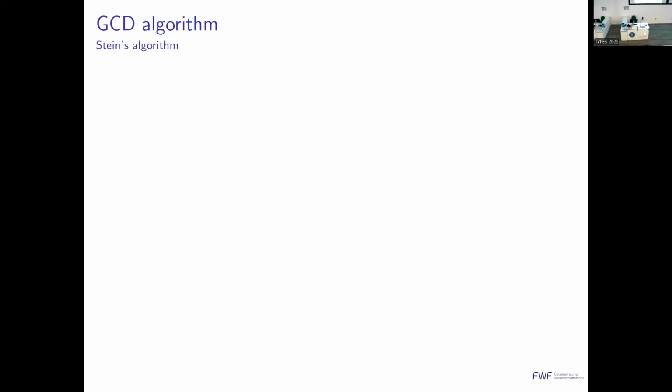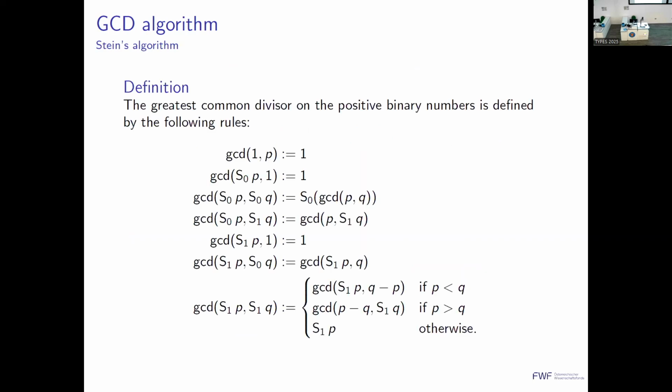However, if you have the positive binary numbers, which are here, with the zero successor and the one successor, then you can be much more efficient, but okay, here you have more cases. In each step, at least one digit will go away. Therefore, the definition here is more complicated.